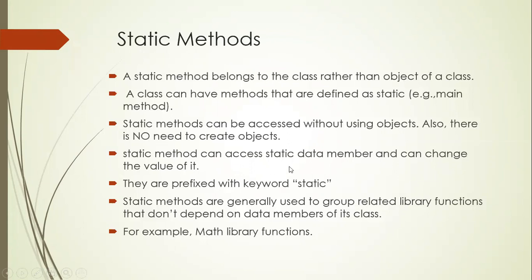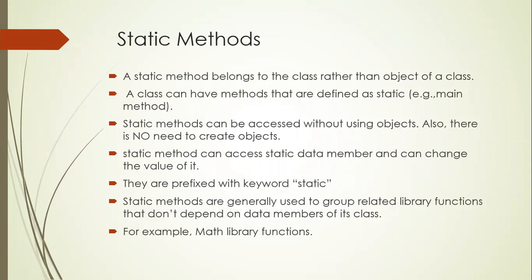Static methods can access static data members and can change their values. Another purpose of static methods is assigning or initializing values to a static data member. You can't initialize static variables inside the instance methods.